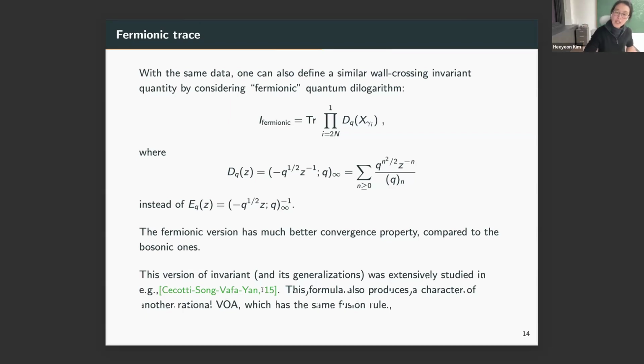And you can show that this particular formula also produces a character of another rational VOA, which is in general different from the one that you directly obtain from the 4D N=2 SCFT. But the one that falls into this generalized class has the same fusion rule, but it turns out to be a different vertex operator algebra.